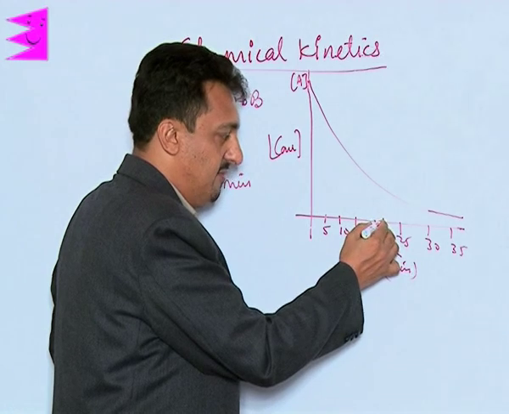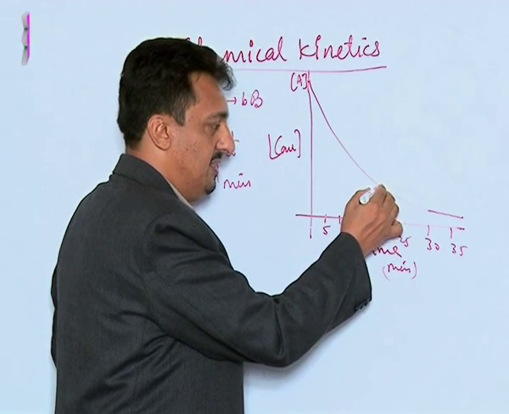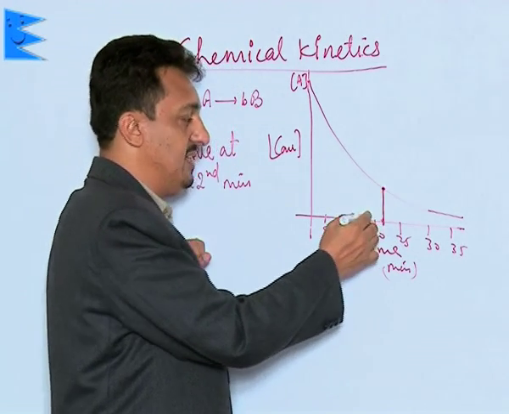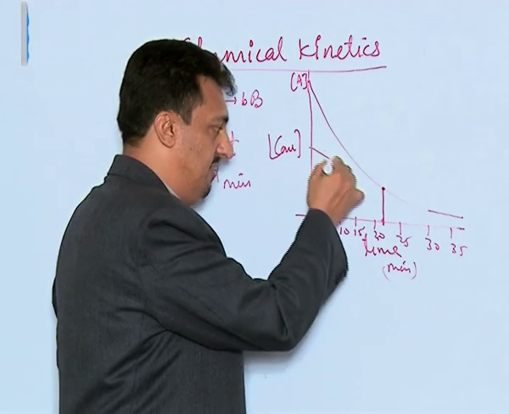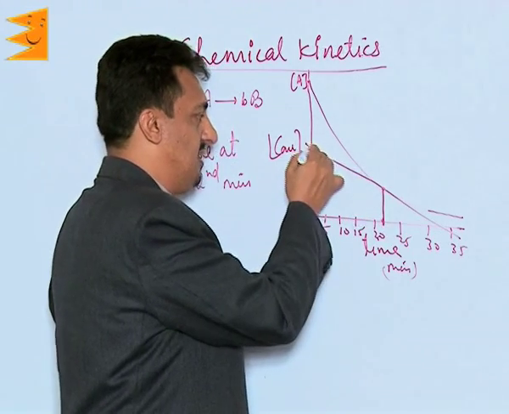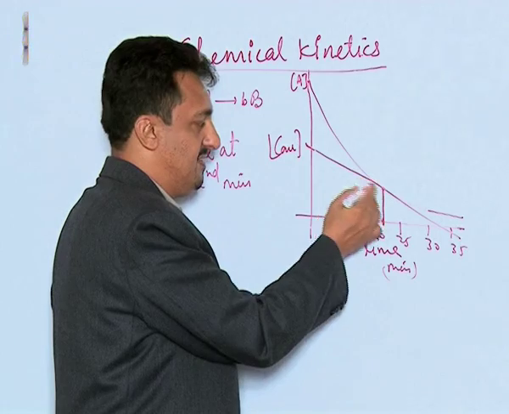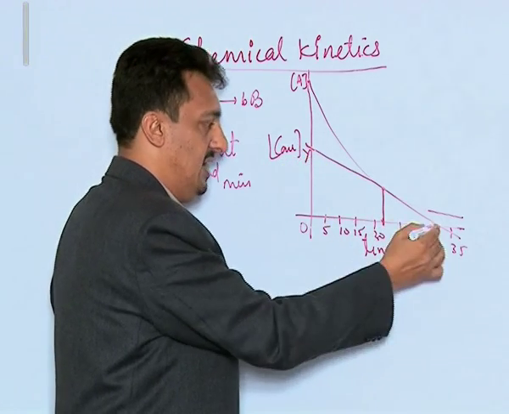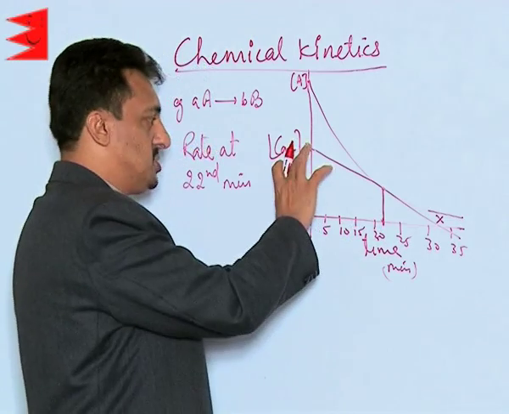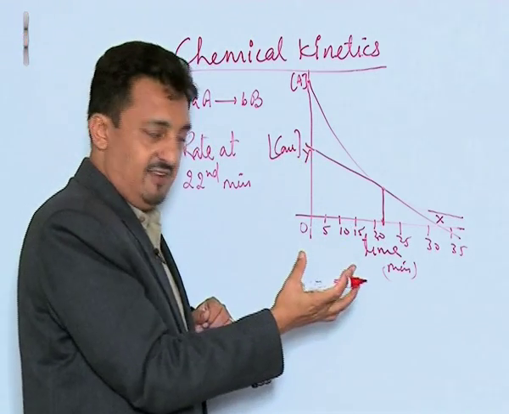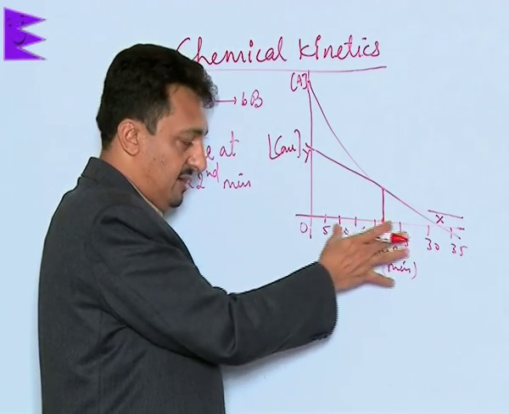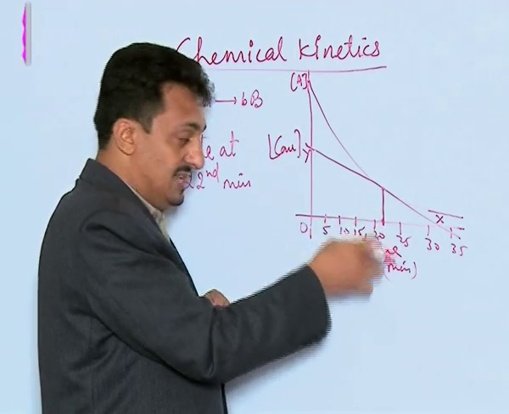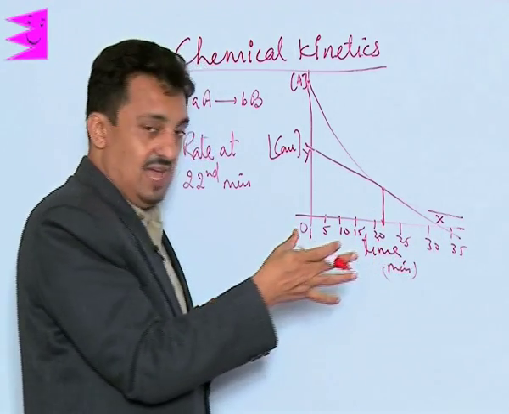From the 22 minute point, we can draw a perpendicular, and the place where it intercepts the curved line, we can draw a tangent from that curved line, and we can find out the points of intersection of this tangent on y-axis and on x-axis. Let it be y, let it be x. So this OY will give us the change in the concentration at time 22 minutes, and this OX can give us the time interval.